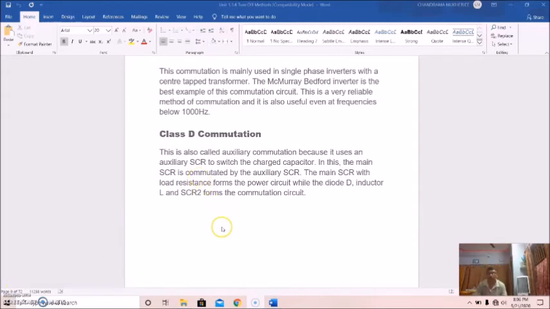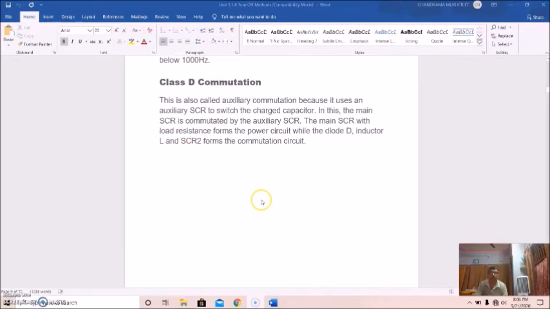This commutation is also called auxiliary commutation, because here we use an auxiliary SCR to switch the charged capacitor. So the main SCR is commutated by the auxiliary SCR. The main SCR with the load resistance forms the power circuit, while the diode, inductor L, and the auxiliary thyristor form the commutation circuit.